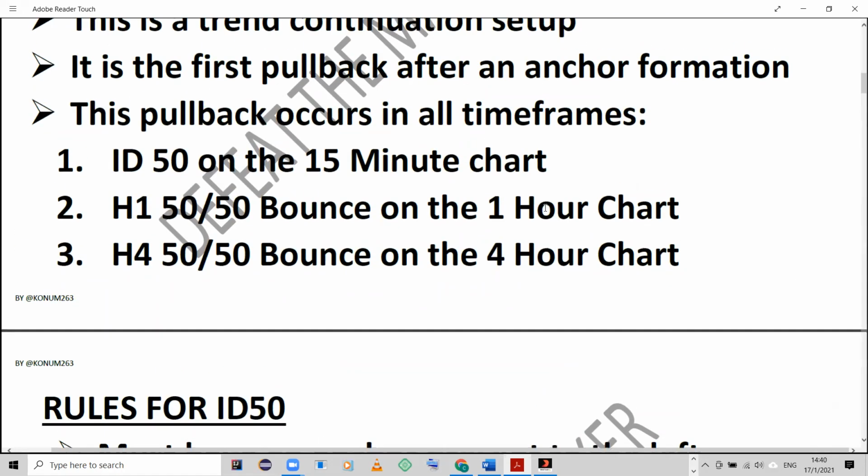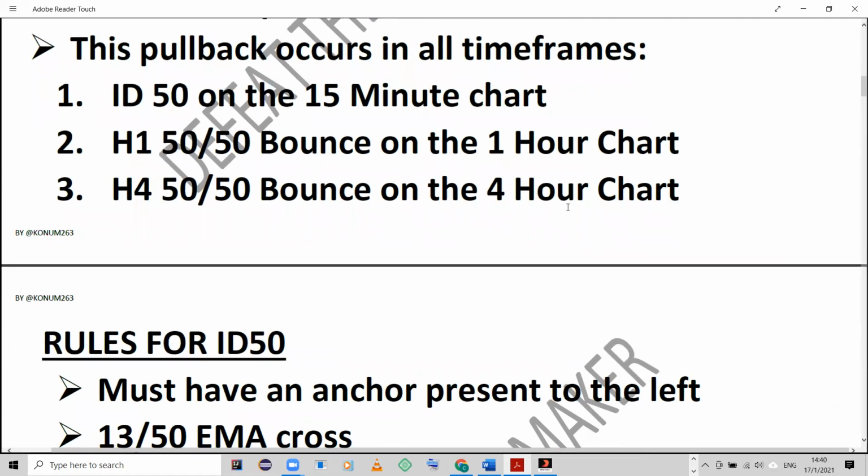Firstly, there are boxes you should check when trading tomorrow when the market's open.